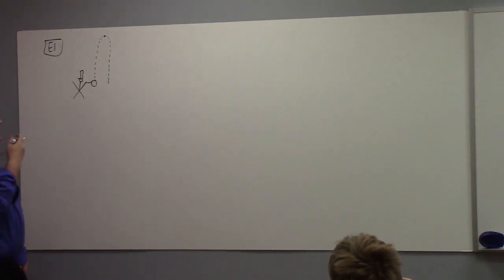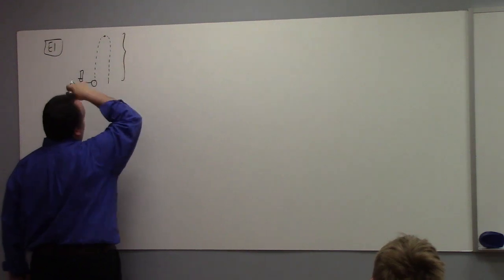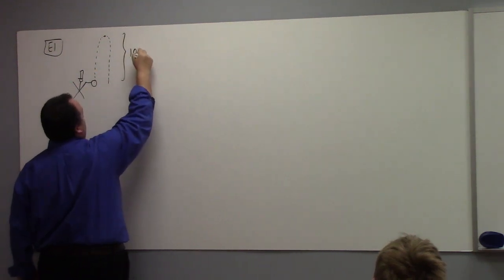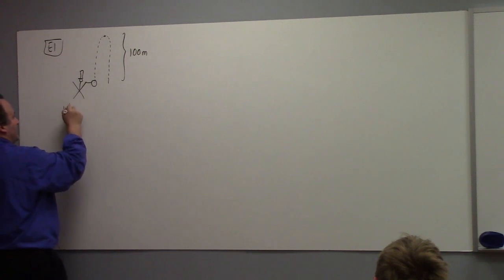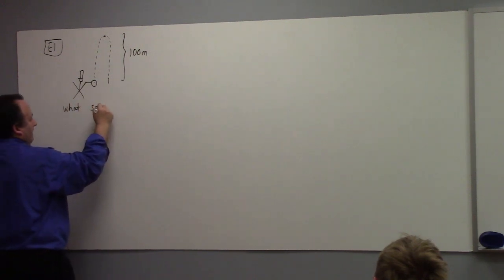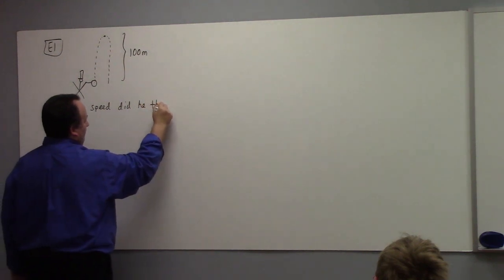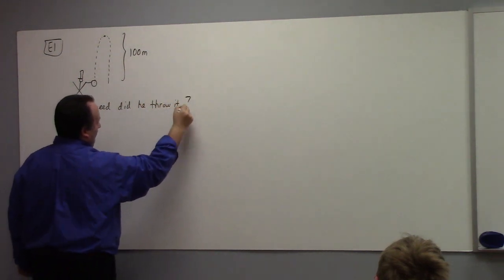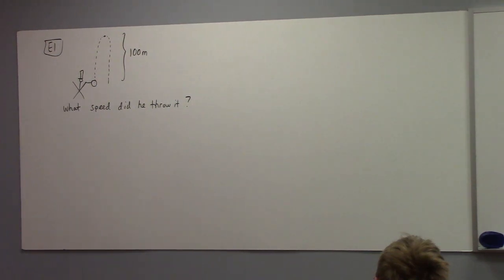Let's suppose that he throws the ball a distance of 100 meters. He throws it 100 meters upwards from where it left his hand. My question then is, what speed did he throw the ball? So suppose that it's thrown vertically like that, all right?